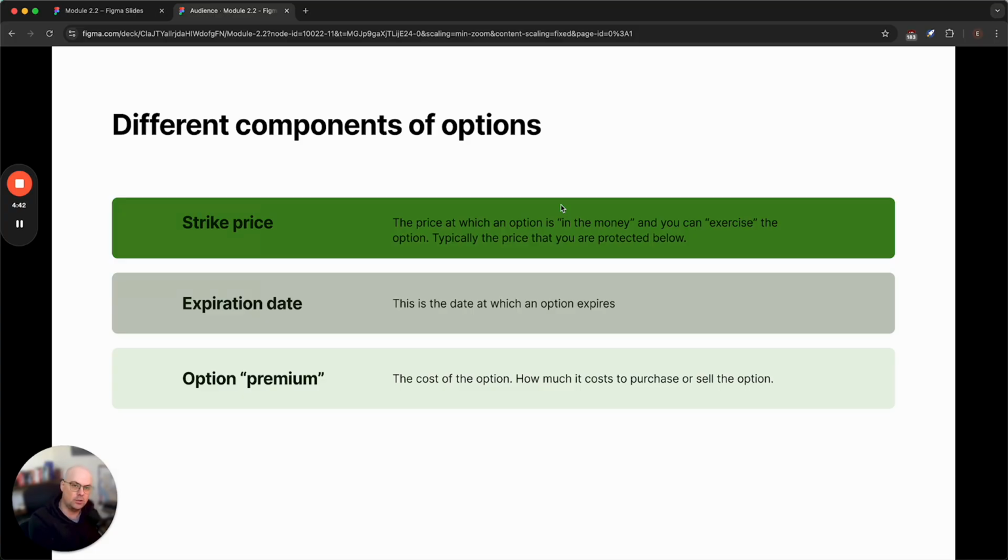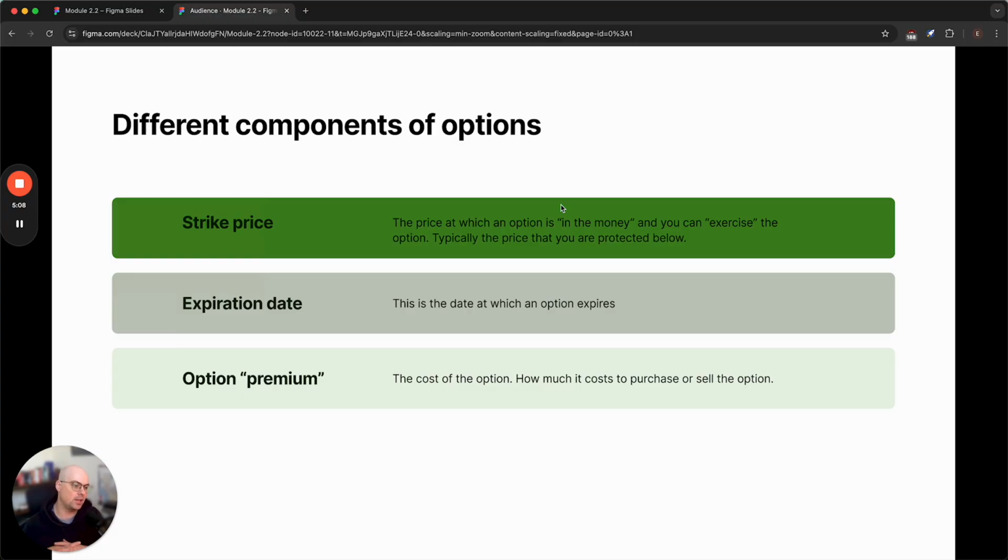Now these all sound complex, but it's really not too bad once you start to get the hang of it. The strike price is the price at which the option is in the money, and you can exercise the option, which we'll talk about in another module, but it's typically the price that you are protected below. It's part of a standard option contract.